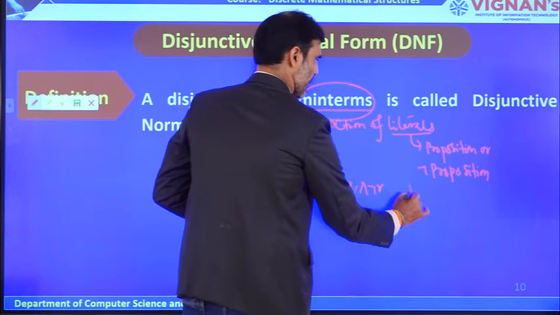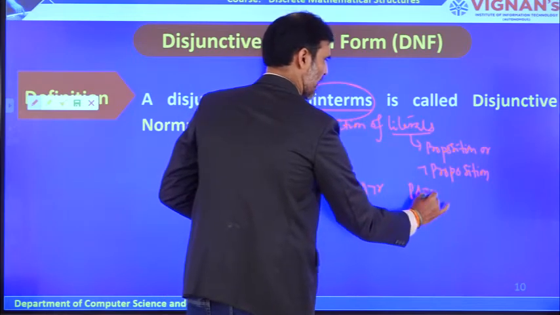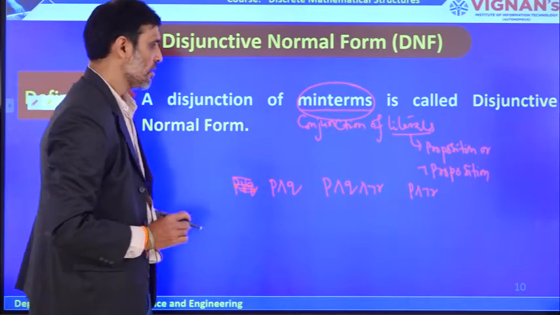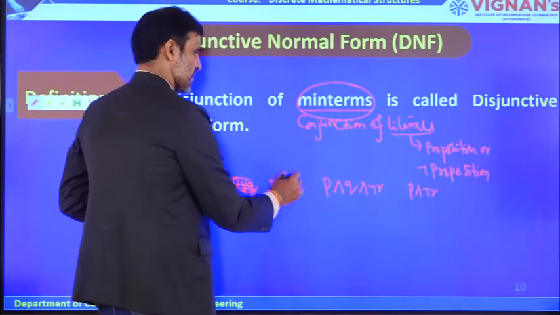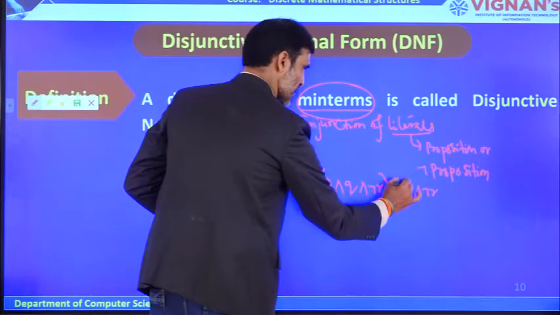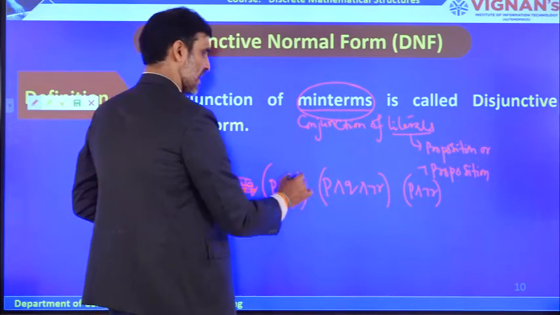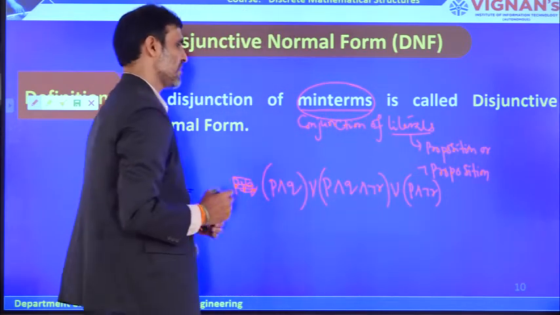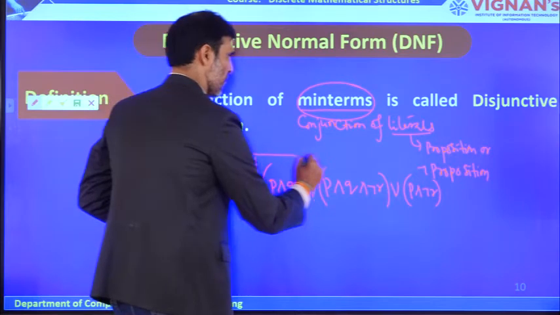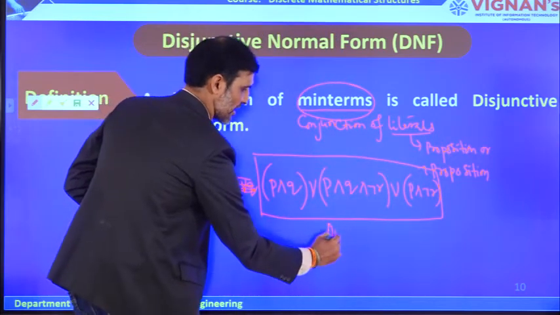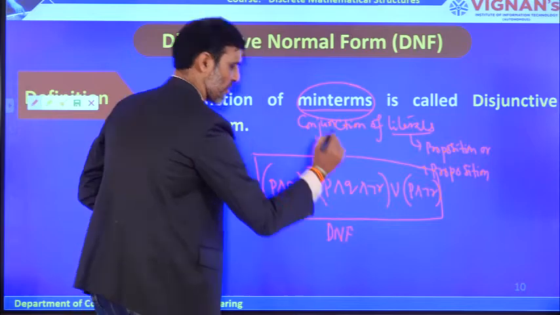And next, P and negation R. I have taken three minterms like this. Now take the disjunction of all these minterms, then it is called a disjunctive normal form.